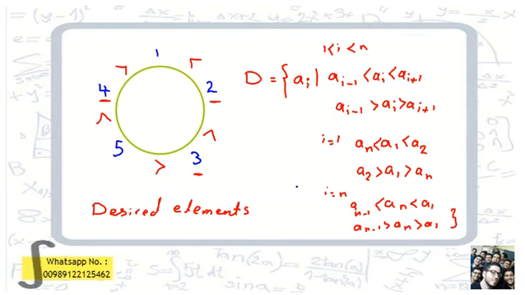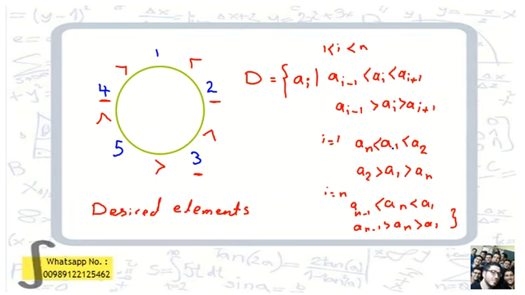So we define A_i as desired when A_i is greater than A_{i-1} and less than A_{i+1}, or less than A_{i-1} and greater than A_{i+1}. And this is true in general. For example, when i is 1, we consider these are the only two adjacent numbers. It means that A_i is between them.